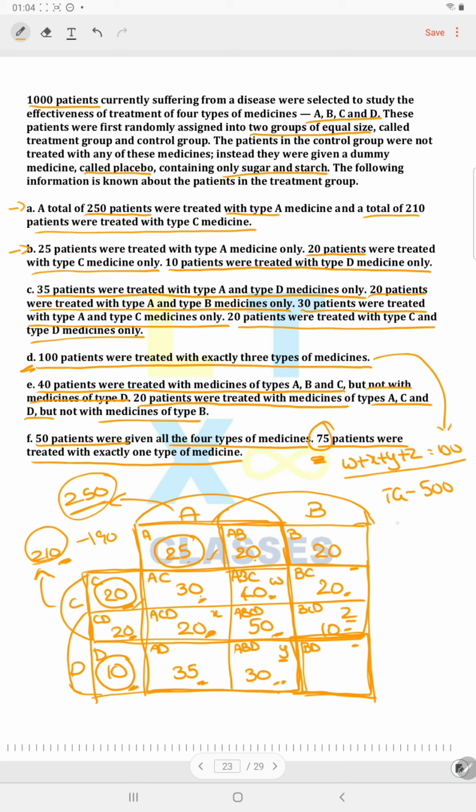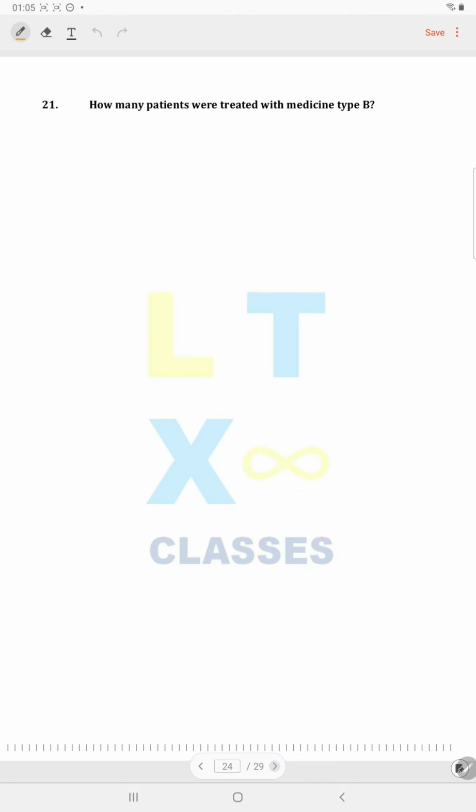So 500 minus 350 is this cell, which is 150. We are able to put all the information into this Venn diagram now. Now let's look at the questions quickly.